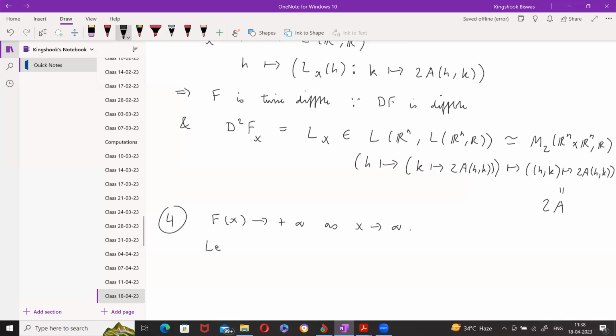You let m be the infimum over x in the closed ball around the origin of radius 1 of f(x). Okay, there's less than a minute. Let me stop and start again.